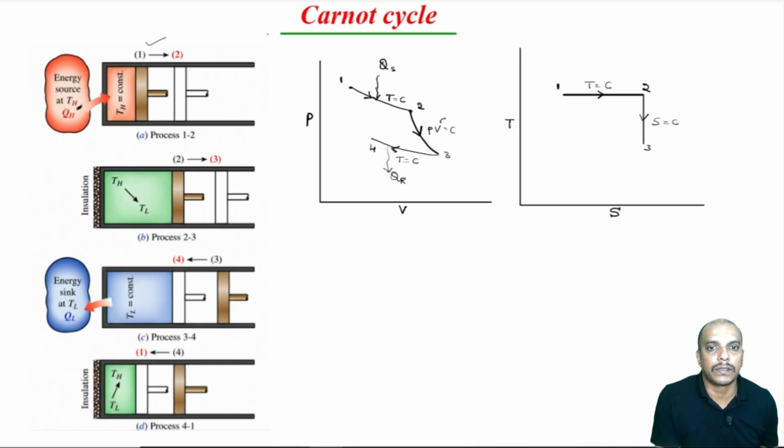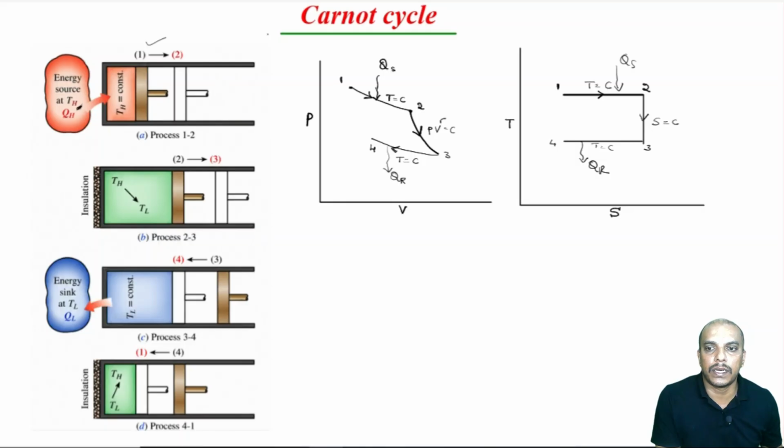In a TS diagram, we will have a similar constant temperature line where temperature is constant and heat is rejected. So, here heat is added, here heat is rejected. And we will go back to the initial point. After all, it is a thermodynamic cycle.